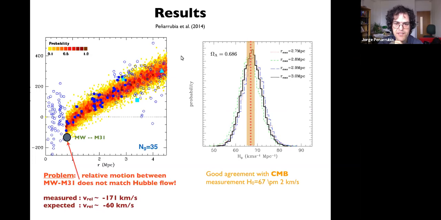And at the time, in 2014, we didn't understand this result. There was no clear reason why the relative motion of M31 and the Milky Way should be so different from the rest of the local group. And the difference between the predicted value and the observed value is significant, of the order of 2 sigma. So at that time, we didn't understand what was going on.